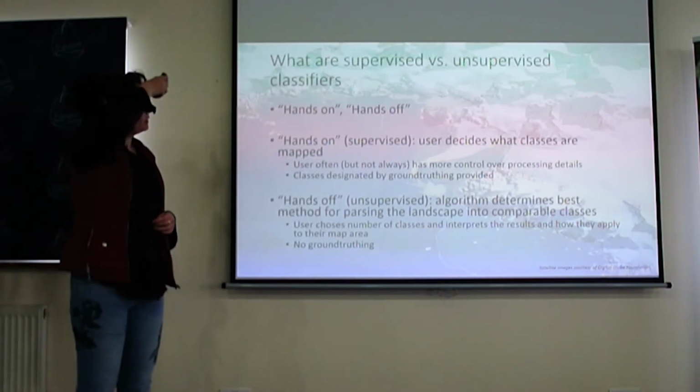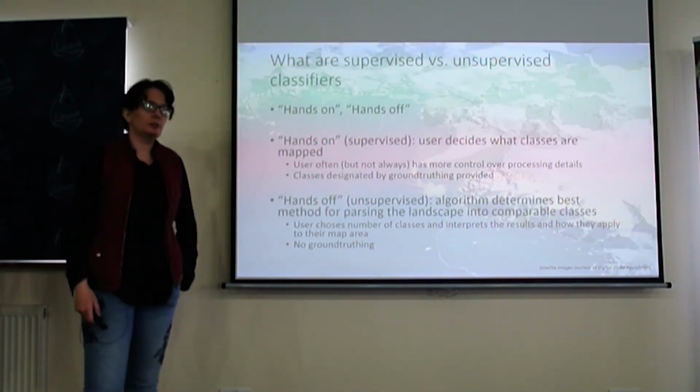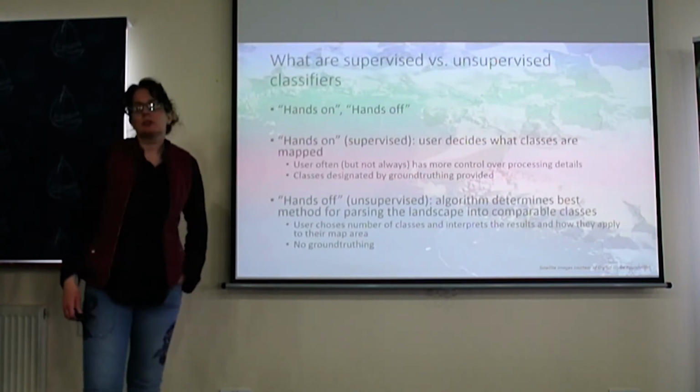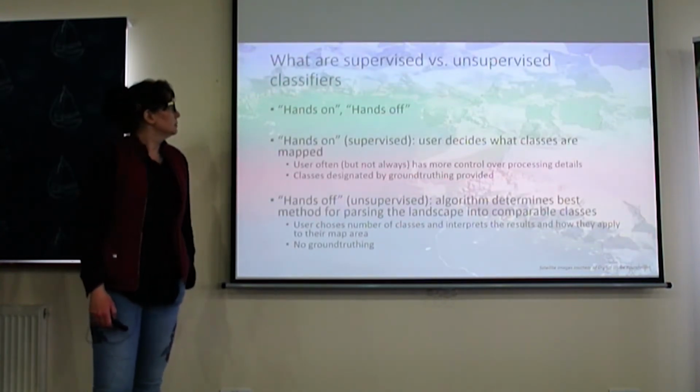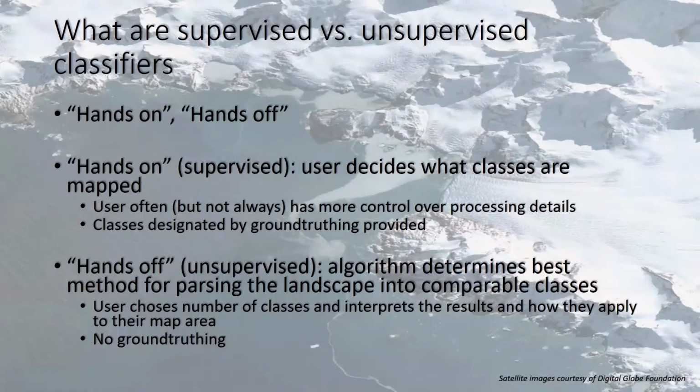So earlier on, and actually Guar kind of already opened the discussion on this a little while ago, classifiers are pretty much split into two camps: supervised classification and unsupervised. With unsupervised classification, you pretty much give free rein and let the algorithm do its thing. You mostly leave it alone.